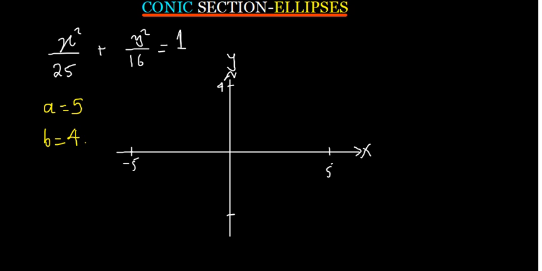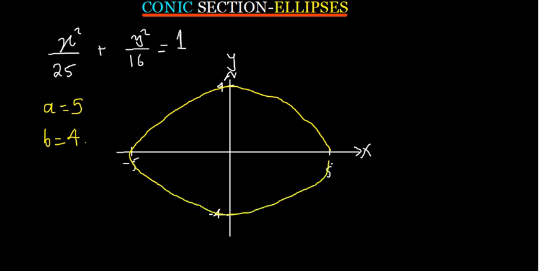So you always take the negative and the positive of these two values that you have found and simply connect these points. Make sure that you are as smooth as possible. So this is what we are getting as our ellipse.